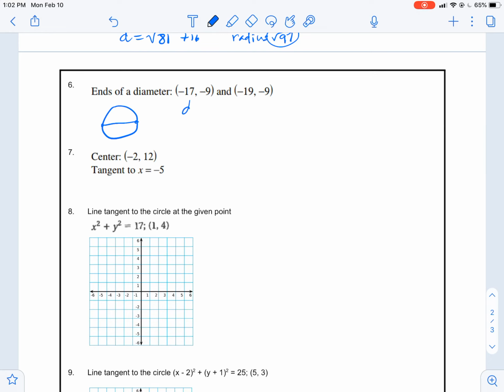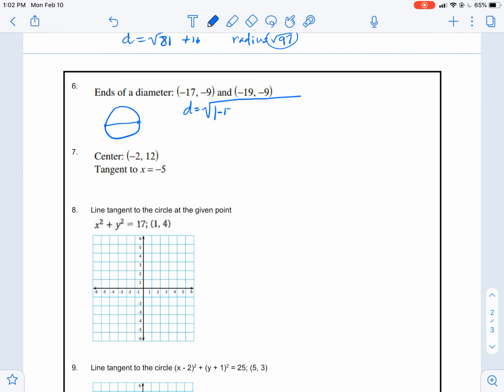Okay, so I'll try to not flub up my distance formula again. So x would be a negative 17 minus a negative 19 squared, and then a negative 9 minus a negative 9 squared.